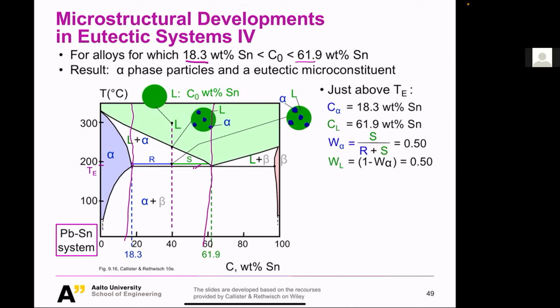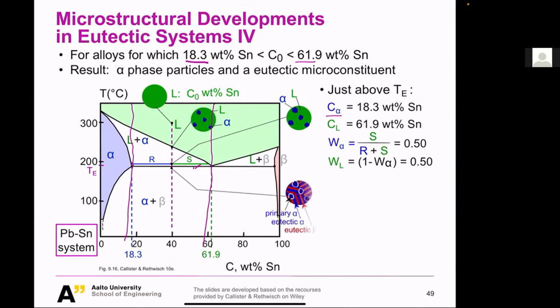You're going to have the alpha phase with 18.3% of tin, and you're going to have the liquid, which is containing exactly the eutectic composition, so 61.9% in your liquid phase. So remember, this is right before you enter the eutectic reaction. Over here, with the numbers we're choosing, we're going to have 50% each.